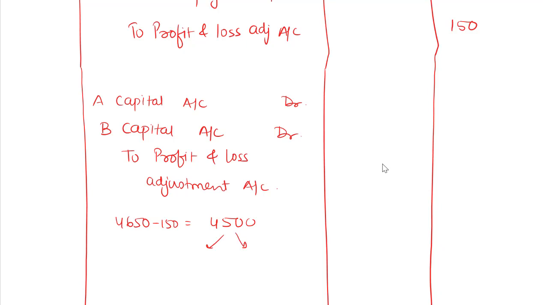This needs to be shared in the ratio of 3 is to 2. So 2,700 and 1,800, total 4,500.